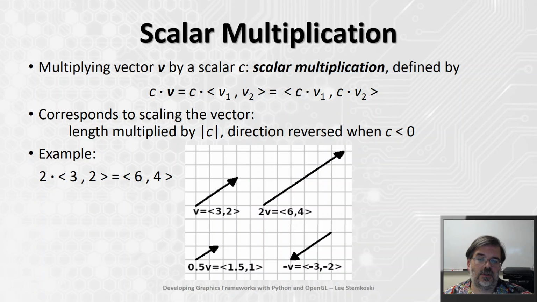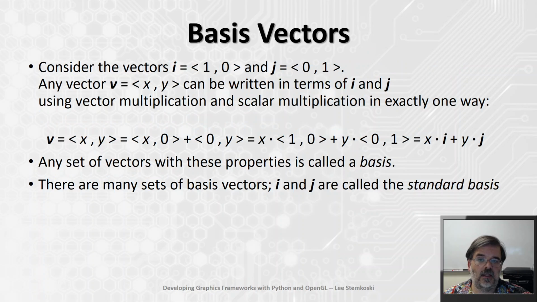And finally, while we're talking about vector addition and scalar multiplication, there are two very special vectors called the basis vectors, which we're going to use a lot. Consider these two vectors. Let i be the vector (1, 0), and j be the vector (0, 1).